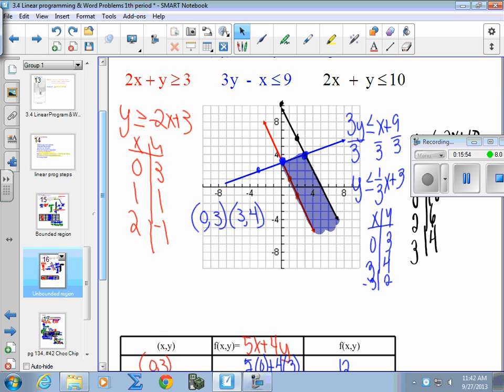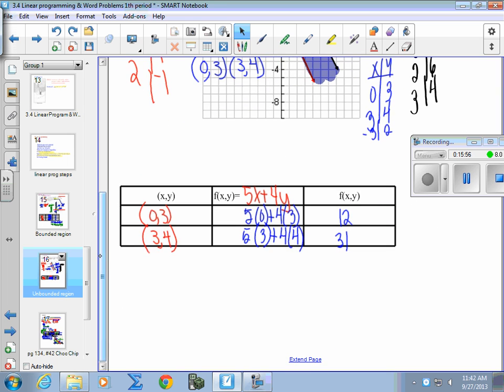Okay? And if it is unbounded, you need to be careful. The reason I say be careful is because if it is unbounded, it may not have a maximum or minimum value. So because you shaded below the line, it's not going to have a minimum value.